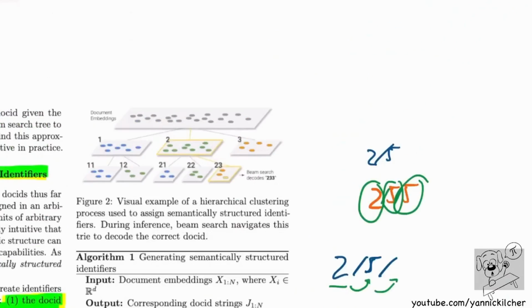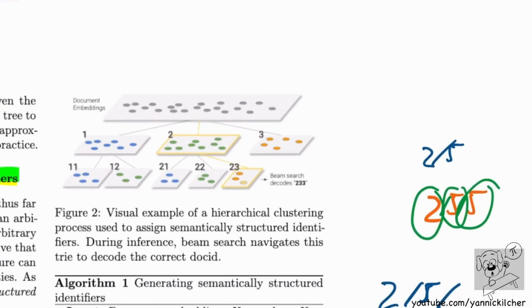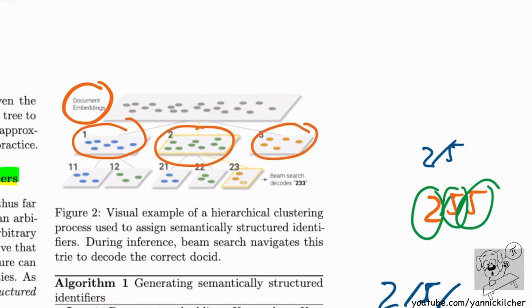They put all of the documents through the BERT model. I don't know if they actively train it or if they take a pre-trained one. In any case, they have some way of embedding documents. So they embed those documents. Then they use k-means clustering to divide them into clusters. If the clusters are still too large, they recursively subdivide them into clusters.